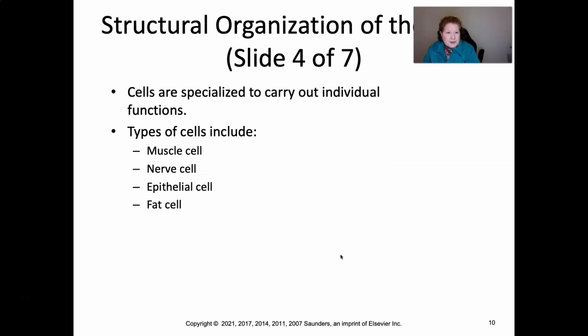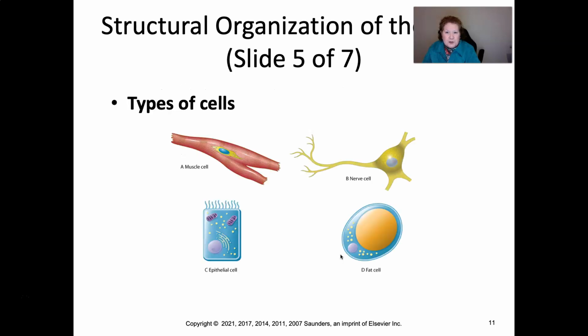And then it talks about the different types of cells and the mission that they carry out. This gives you a visual example of each of the types of cells. You can see they're very different because they have different functions to carry out. The messages that move along a muscle cell are different than those carried by a nerve cell. And your skin is very different than perhaps a fat cell.